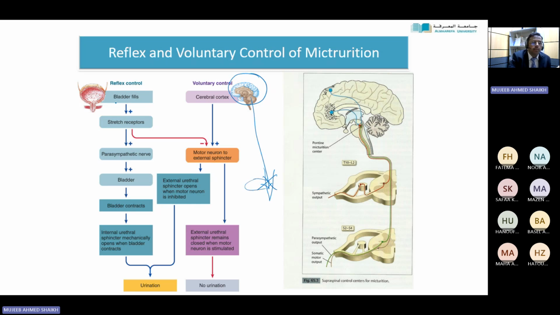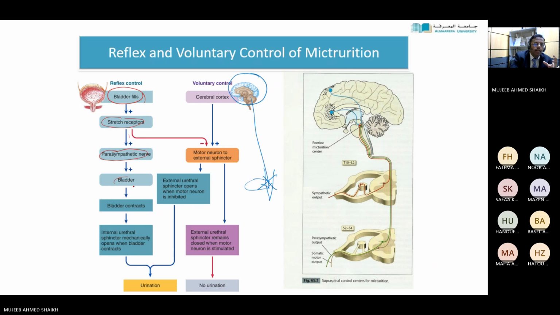So when the bladder starts to fill, some stretch receptors will get stretched and they will send a signal, and it will go through the parasympathetic nerve, which will cause the contraction of the detrusor muscle of the urinary bladder.